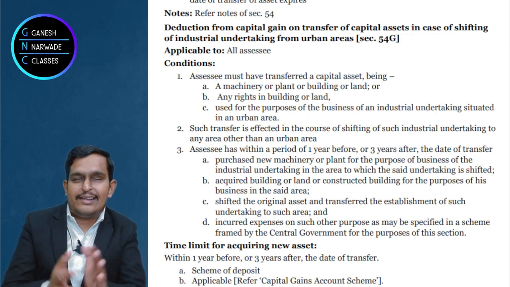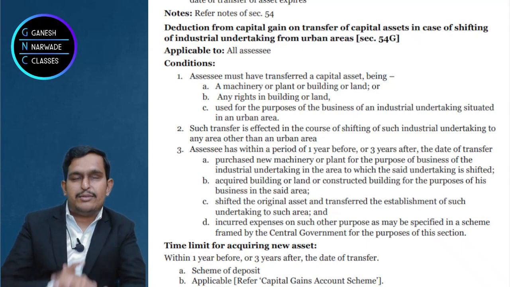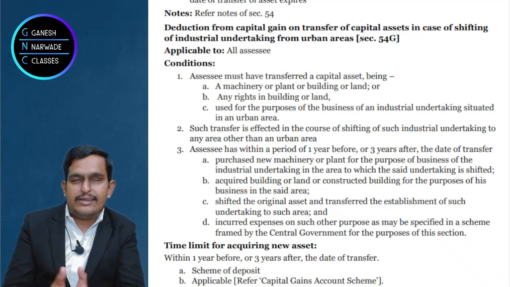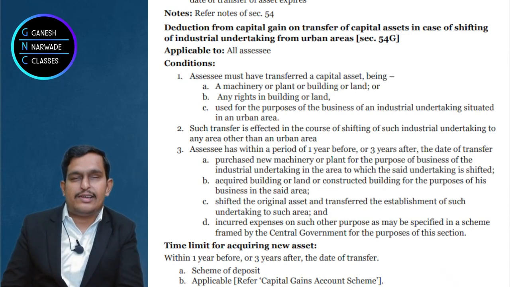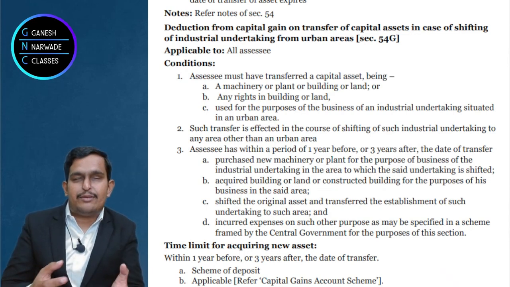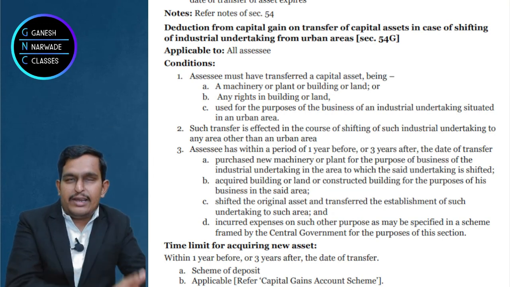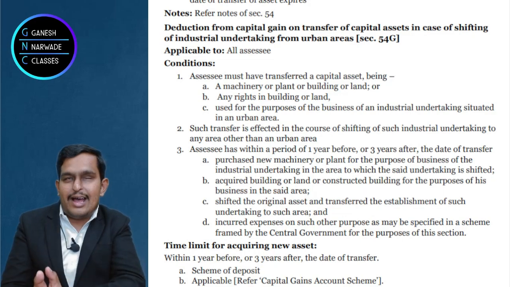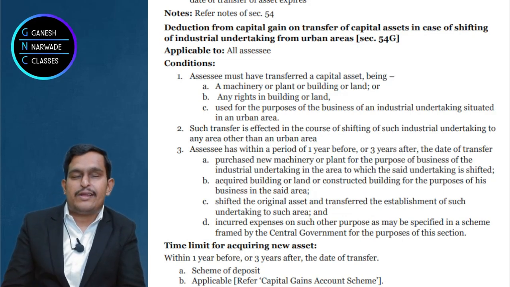Government will encourage you to set up businesses in rural area. For government, it is an employment generation opportunity, an infrastructure development opportunity. So for that purpose, government encourages people to shift undertakings from urban area to rural areas. Okay, clear?